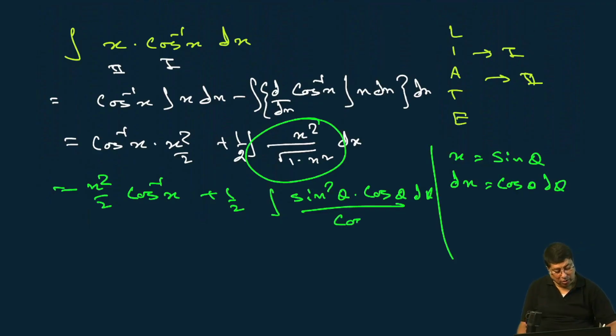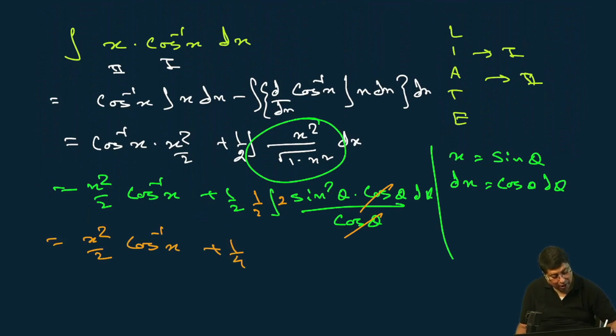So I am writing here cos theta, they are getting cancelled. So integration of sin square theta, with the half multiplied, and these are multiple angles. So if I multiply by 2 and a half, x square by 2 cos inverse x plus 1/4, and we know that 2 sin square theta equals 1 minus cos 2 theta.